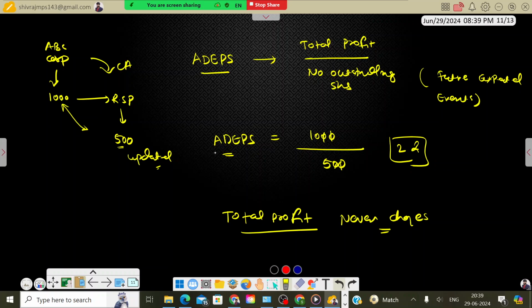It's just a matter of calculation: one considers future upcoming events, and the other considers only the current events, calculating on the basis of current outstanding shares. That's all. There is nothing like one approach being different from the other. So did you get this? It's a very important one.